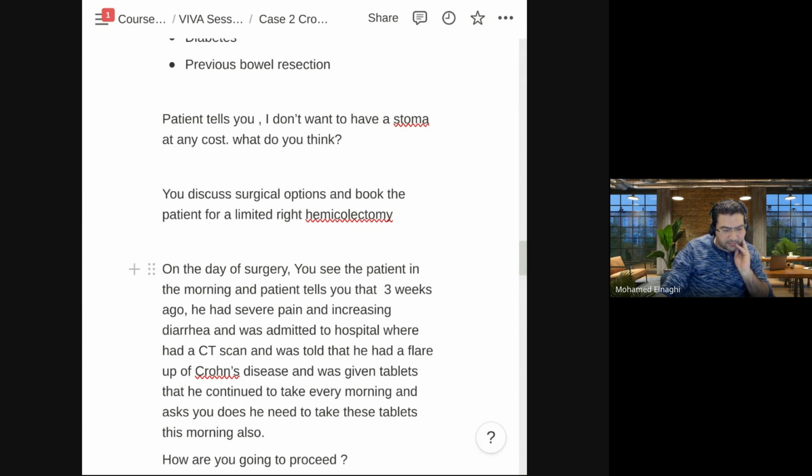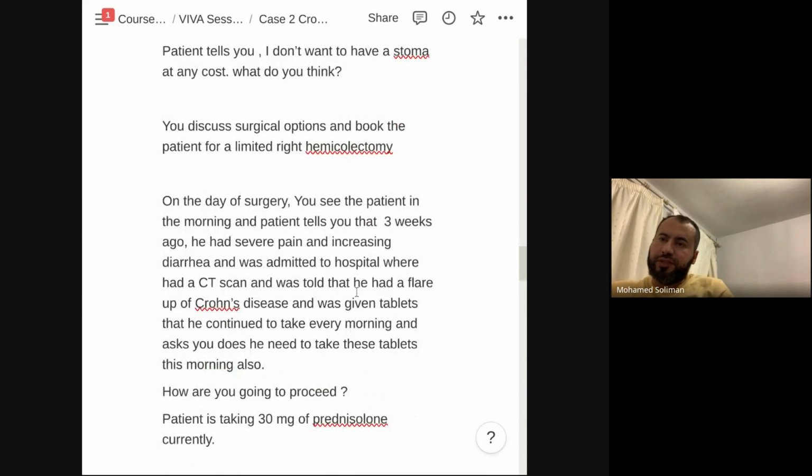So I need to review the history for this admission, and if there is any available data about this, what is the cause of the admission. I need to review the scan, and I need to review his medications. I'm assuming with the active flare of Crohn's, he might be on steroids, which is increasing the risk of surgical complications like wound healing problems and burst abdomen.